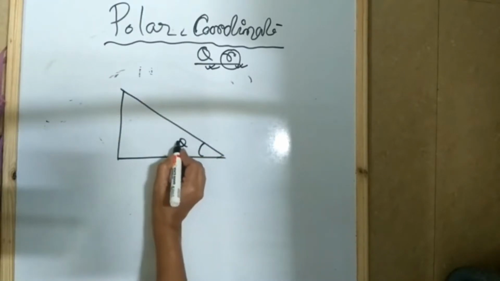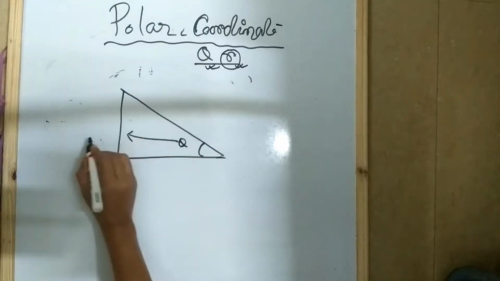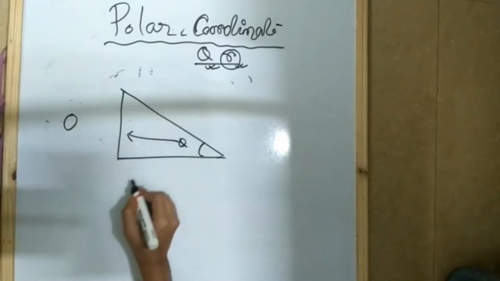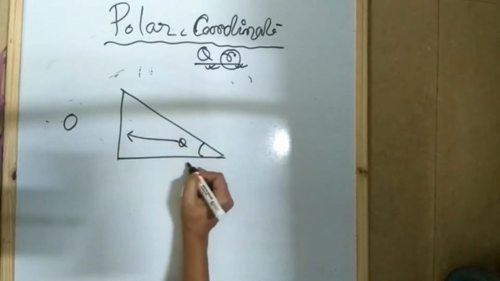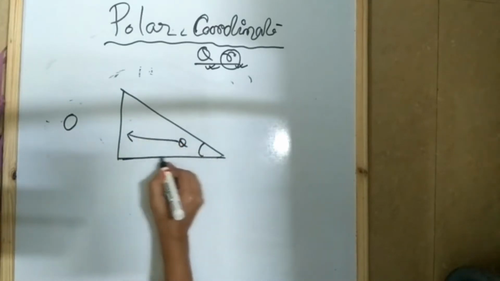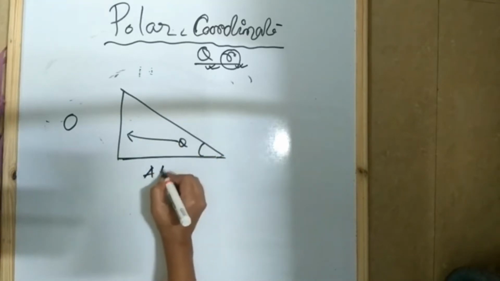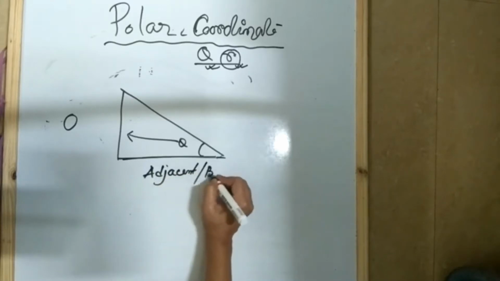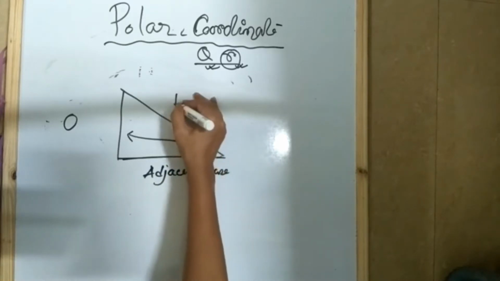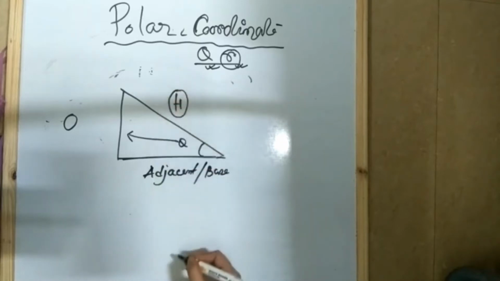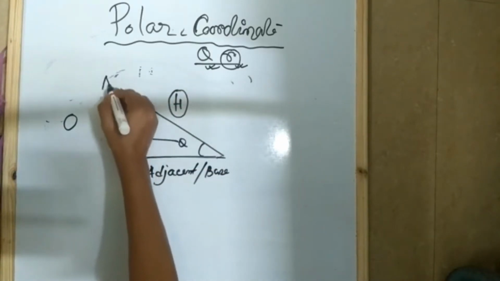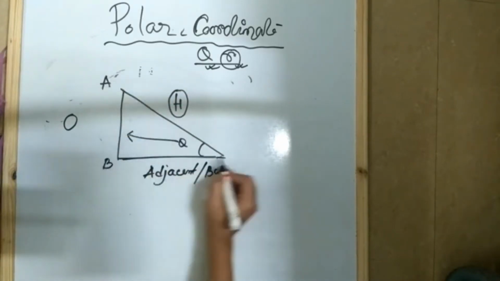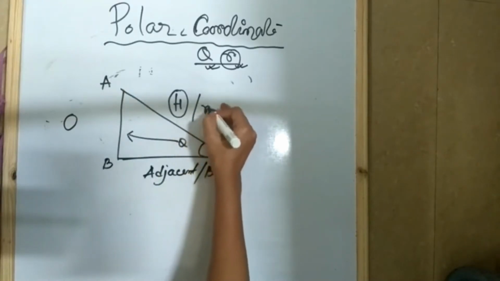This side is opposite to theta, so it is called the opposite. This line is adjacent to that angle, so it is known as the adjacent or base, and this is called the hypotenuse. In Bengali it is called otibhuj. Suppose it is A, B and C, and this is R.